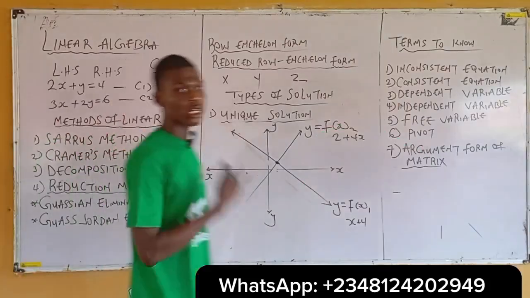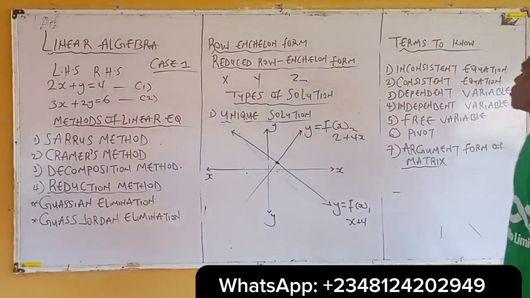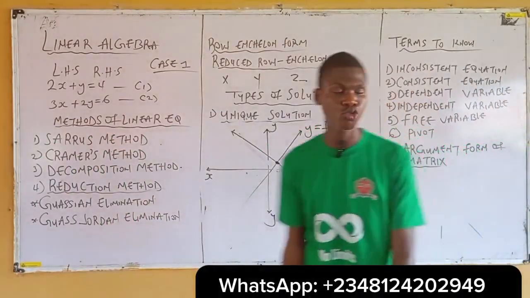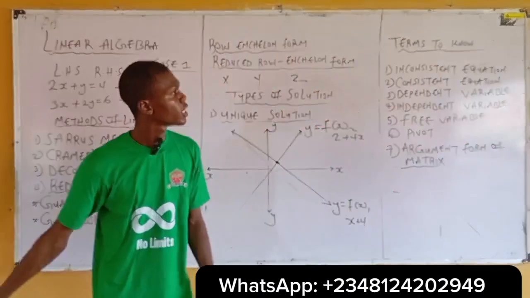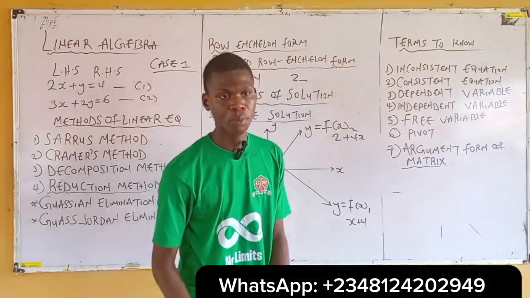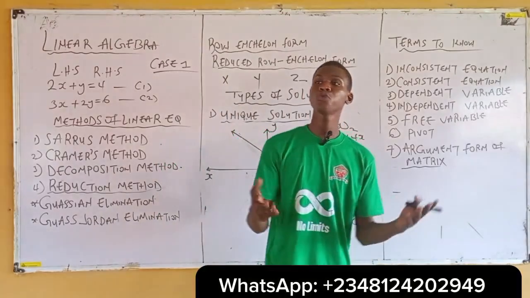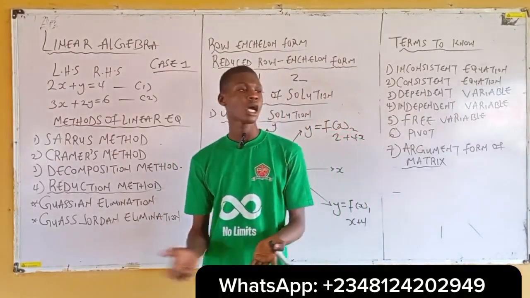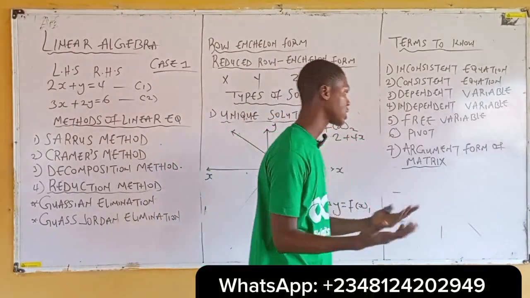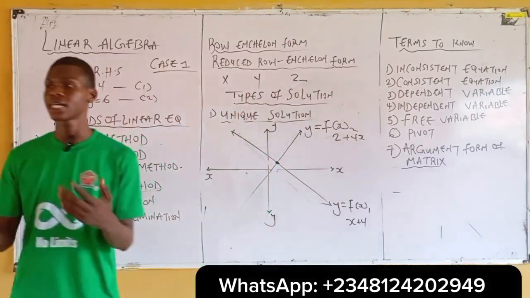I said the terminologies, or you say the terms to know. The first one is what? Inconsistent equation, meaning that after solving a system of linear equations, how do we come to a conclusion? How do we come to a conclusion as an engineering student, or as an engineer?